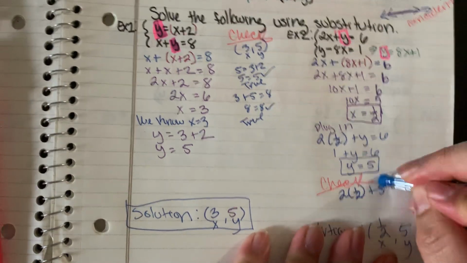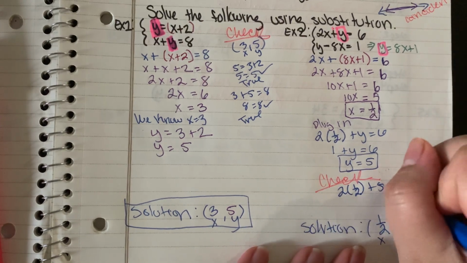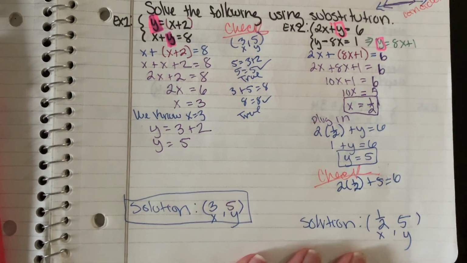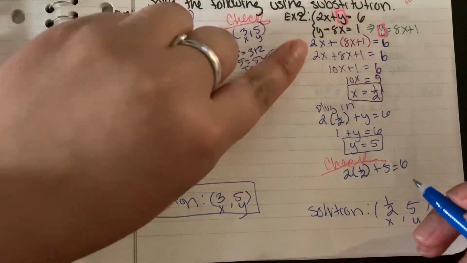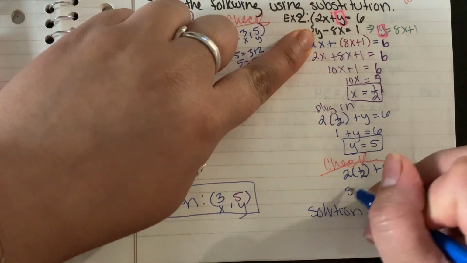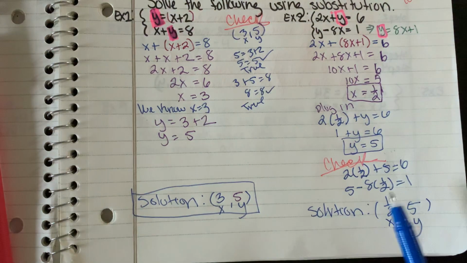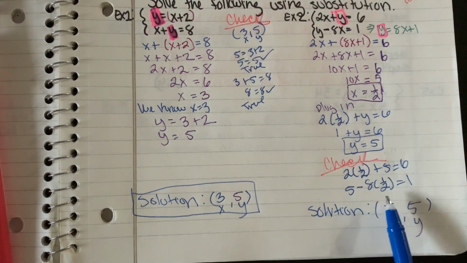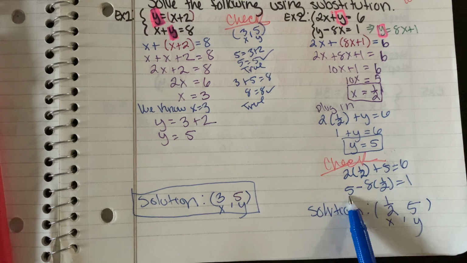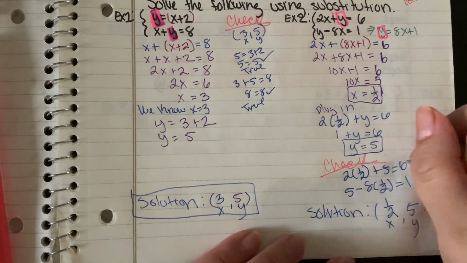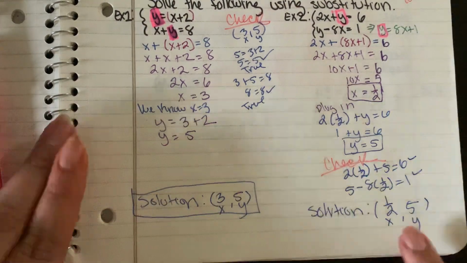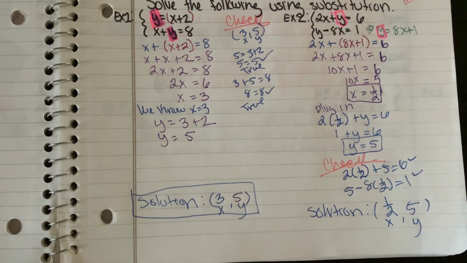Does that equal 6? Which it does. And then for the next one, we have y, which is 5, minus 8 times 1/2. Does that equal 1? Well, 8 times 1/2 is 4, because you're really just cutting 8 in half. 5 minus 4 is 1. So yes, they're both true. So this is my solution to this system of equations.